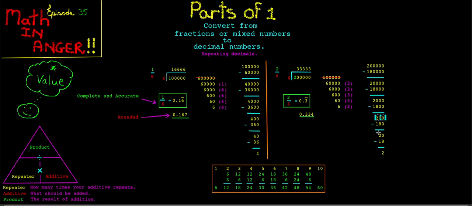This pattern continues forever and ever. Yeah, it goes on forever. And here again, we write that value using this notation: 0.3 with the line, that means repeating. The 3 carries on forever.